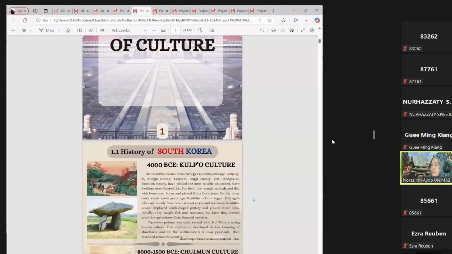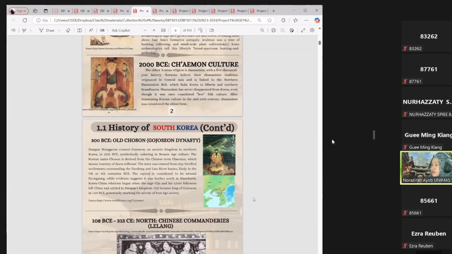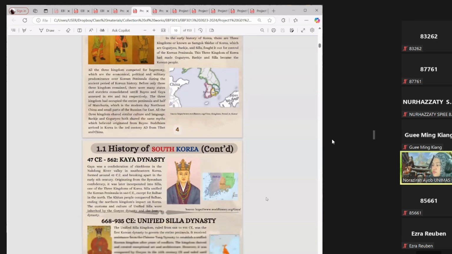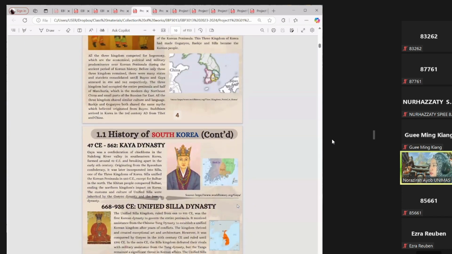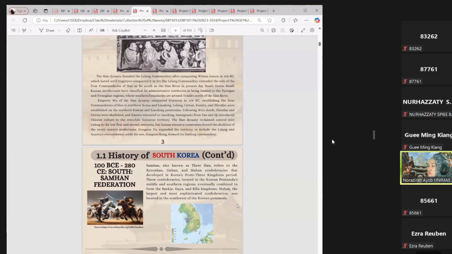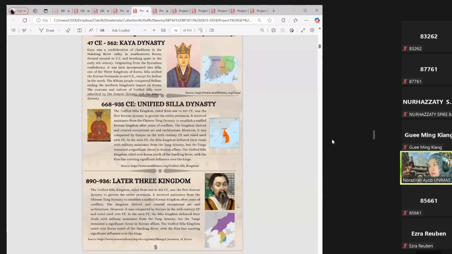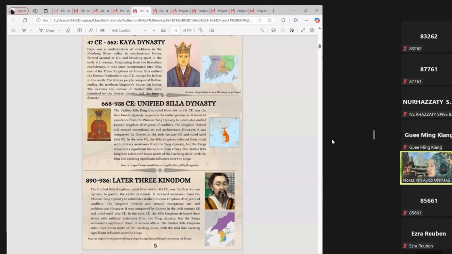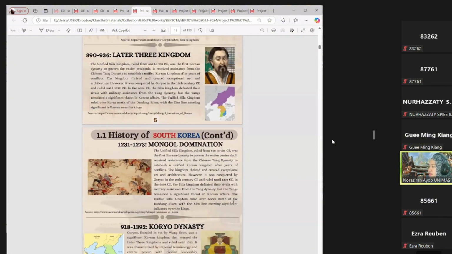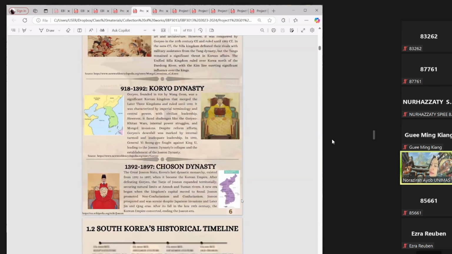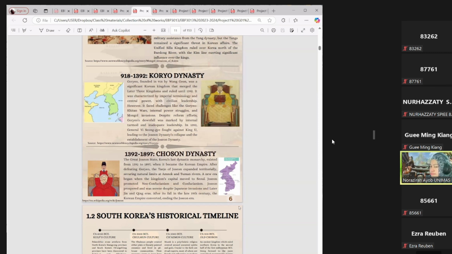Okay, this is covering various history, like the other examples too, except it focuses on the Kaya dynasty, the United Silla dynasty, the Three Kingdoms, Mongol, Koryo. Those who love K-drama and everything, I bet you have seen the ancient dramas, Koryo, Goryeo, Joseon.